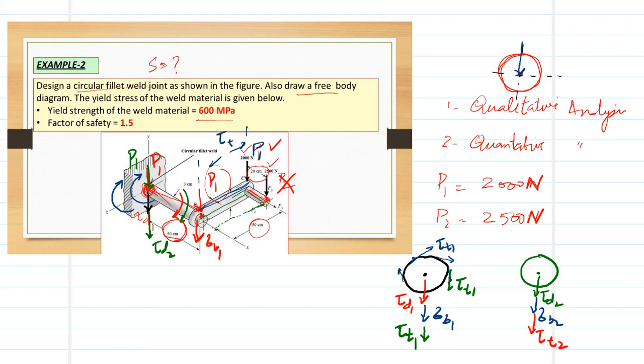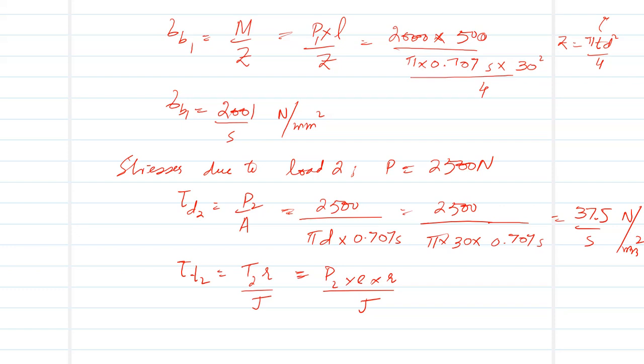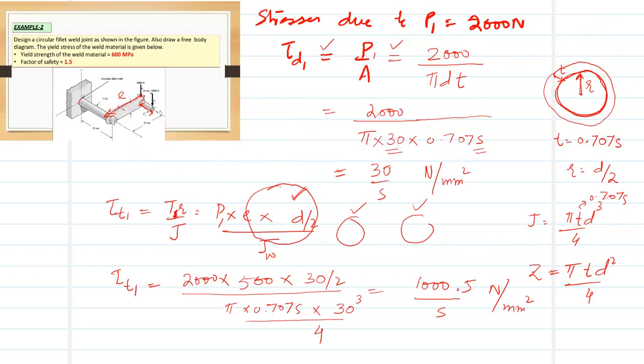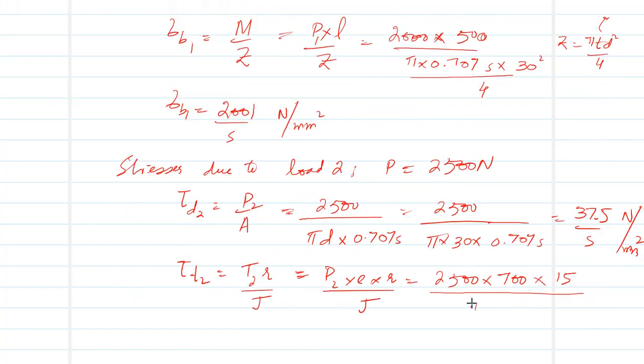In those cases, what we have is P2 is 2500 and E is 50 plus 20, 70 centimeter or 700 millimeter, and R is the same, which is 15, and J is the same, which is pi into 0.707 s into d cube, where d is 30, so 30 cube divided by 4.